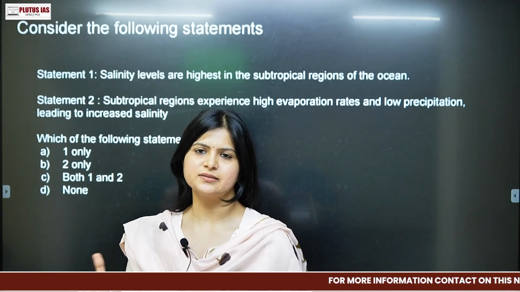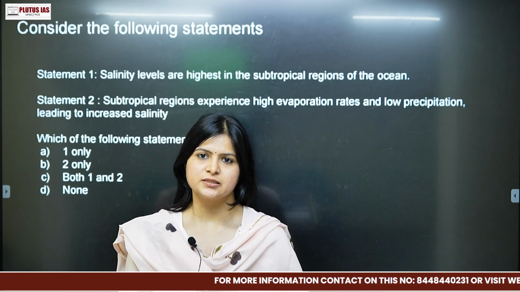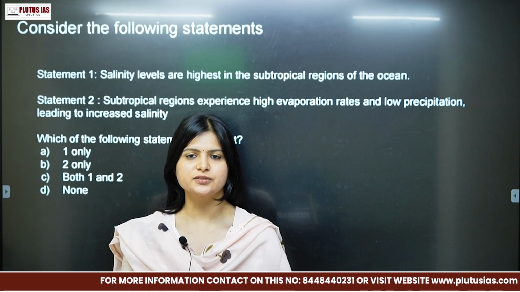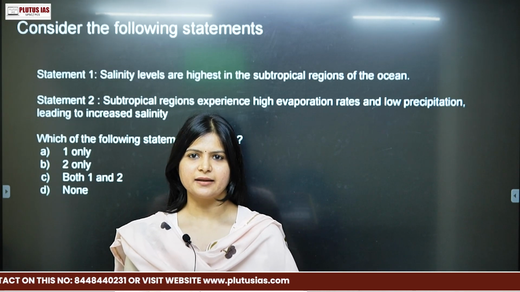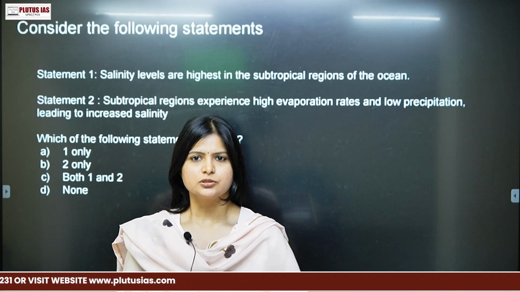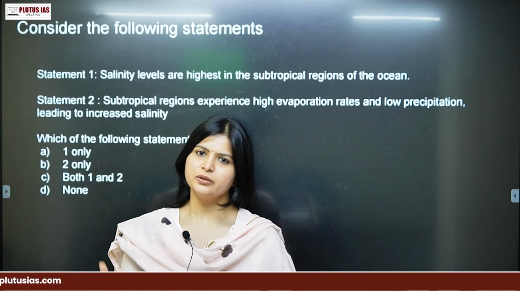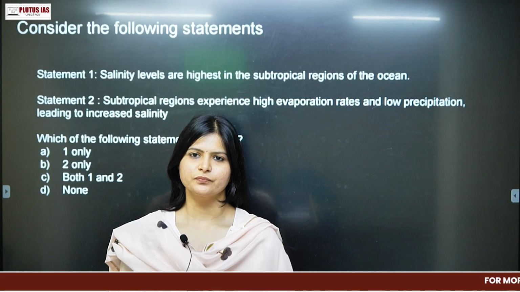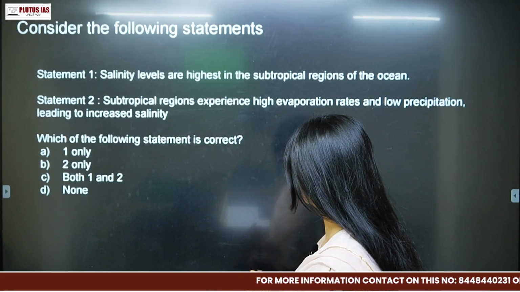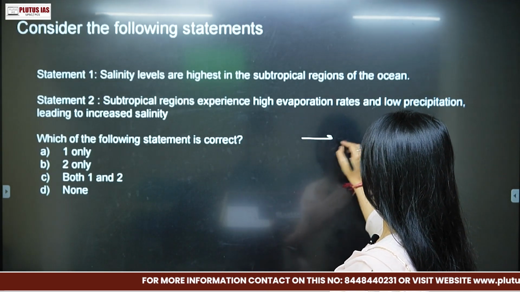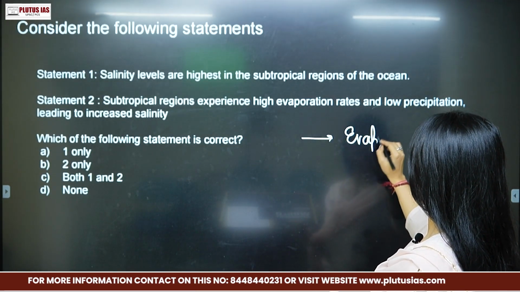First understand what is salinity. Salinity is coming because of the salt, NaCl only, right? So if evaporation is happening, then the NaCl deposition will happen, right? And how will the deposition of NaCl happen? The deposition of NaCl will happen through evaporation first.